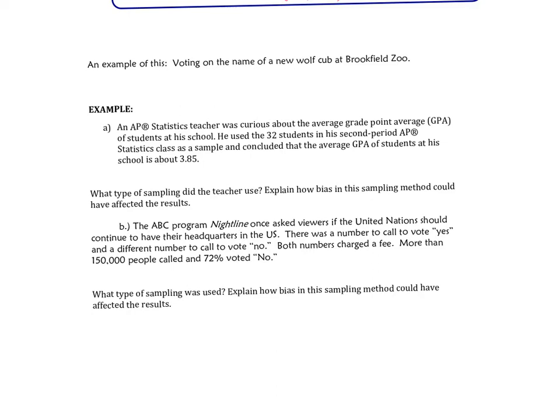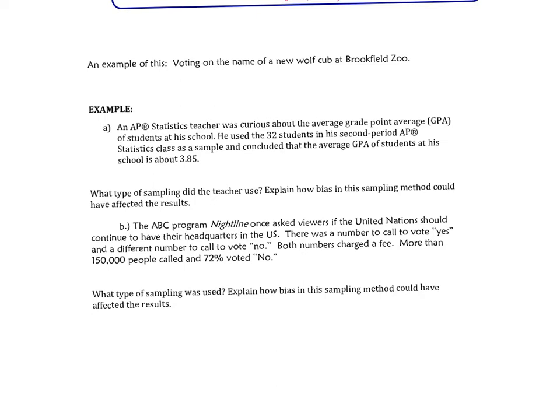Well, hopefully you see that if you just ask the people in front of you, that's a convenience sampling method. You're just conveniently asking them. Typically, I would think that this is going to overestimate the average GPA. Why? Because students that are in AP classes tend to do better in school than the general public.